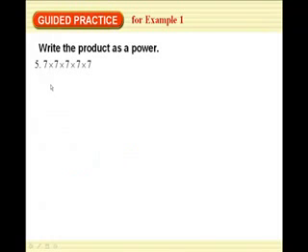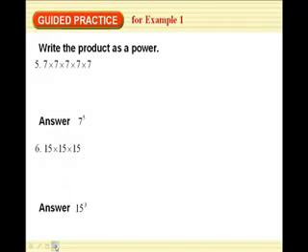And we have 7. 7 is the repeated factor, 1, 2, 3, 4, 5 times. 7 to the 5th. Well, that works out good. And let's see here, I think this is the last one. 15 is the repeated factor. 15 to the 3rd. So that works out great.